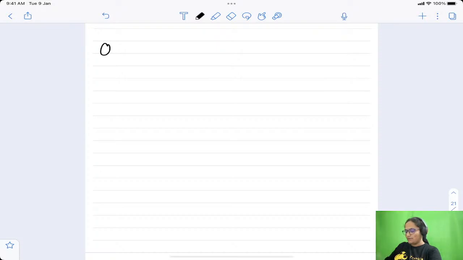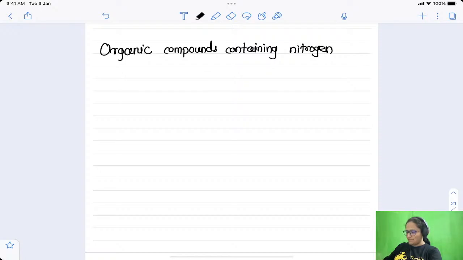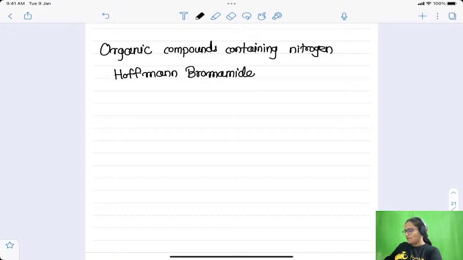It belongs to the chapter Organic Compounds Containing Nitrogen, and the name of this reaction is Hoffman Bromamide Degradation Reaction.